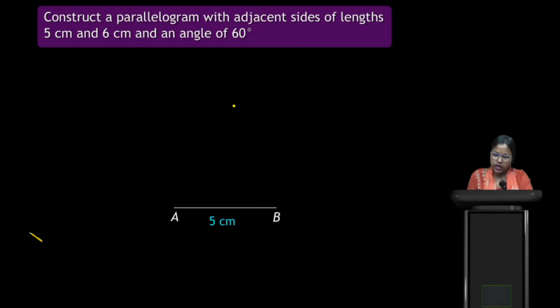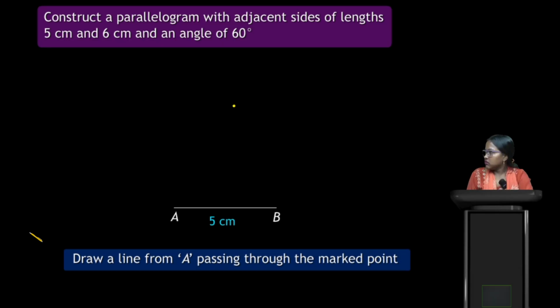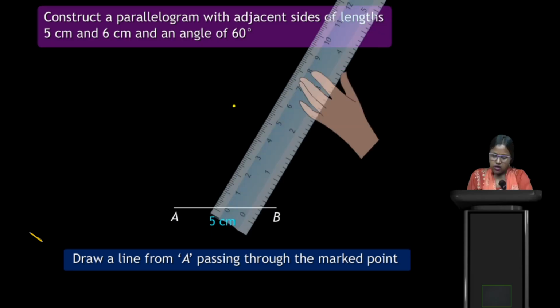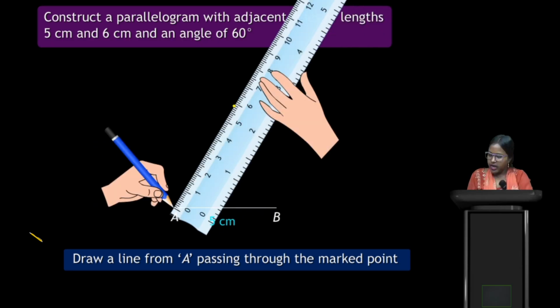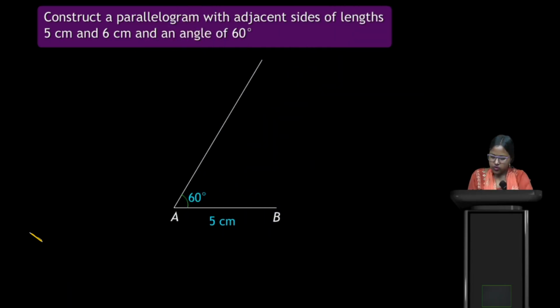After that, with the protractor mark the 60 degree point and join it with the scale. Draw a line from A passing through the marked point. So you join the line from A to that point. After that, what you have to do?